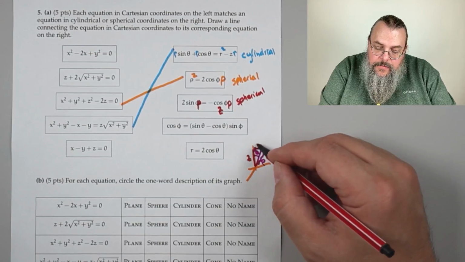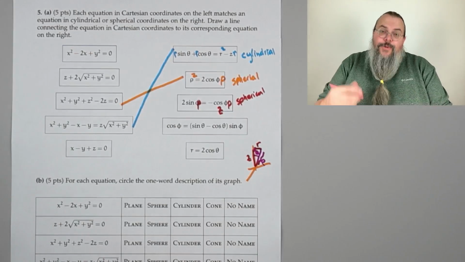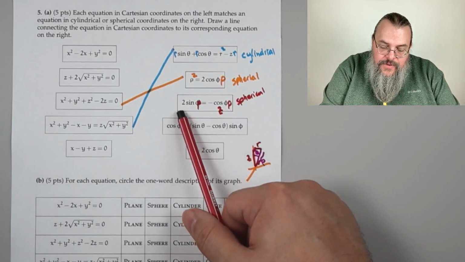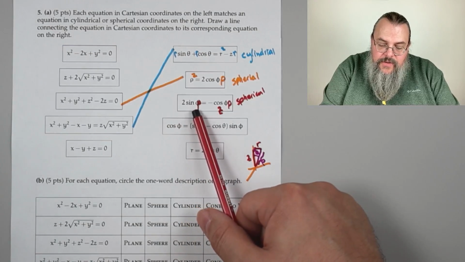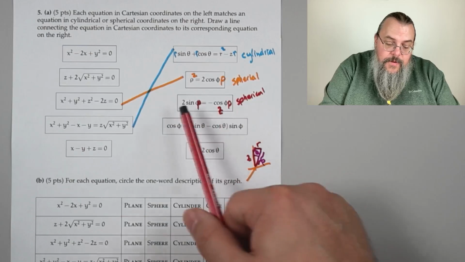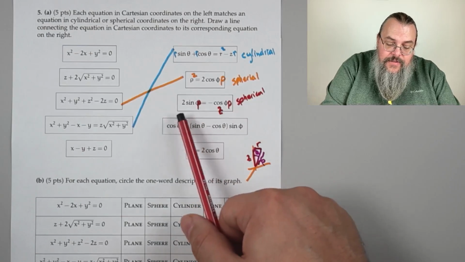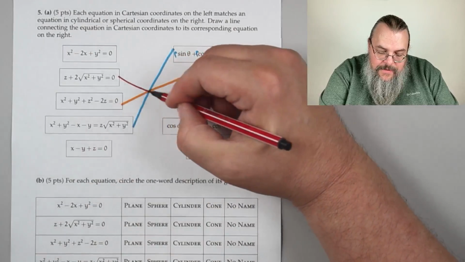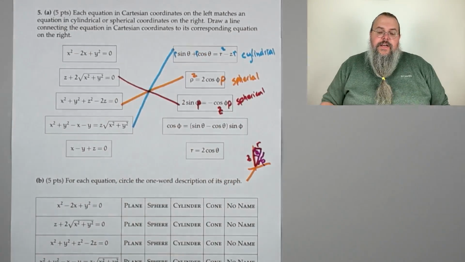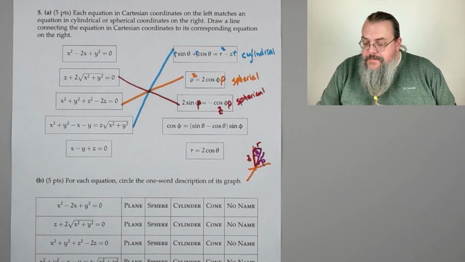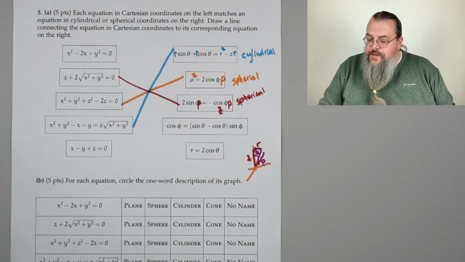Sine finds your opposite, which is r, or if you like, the square root of x squared plus y squared. So we want 2 times the square root of x squared plus y squared and a minus z. If you move the z across, you get z and 2 times the square root of x squared plus y squared. So we have a match. All right, lots of crossings going on right there. Well, that can happen. No worries.